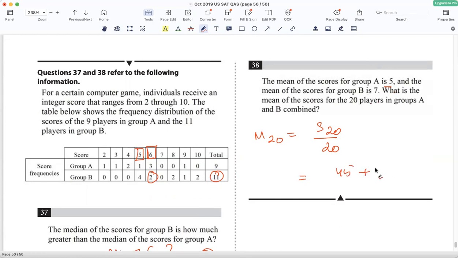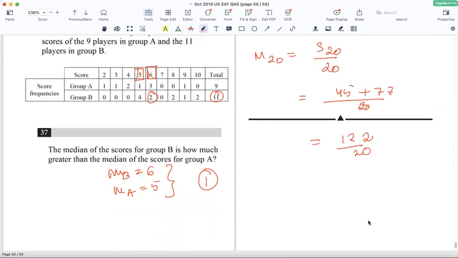And 7 into 11, 77. That divided by 20. So 7 and 5, 12, carry 1. 7 and 4, 11 and 1, 12 by 20. So the mean would be 6.1.